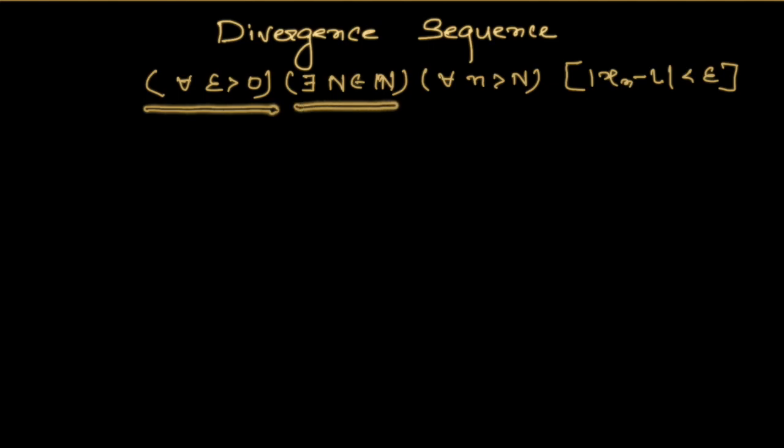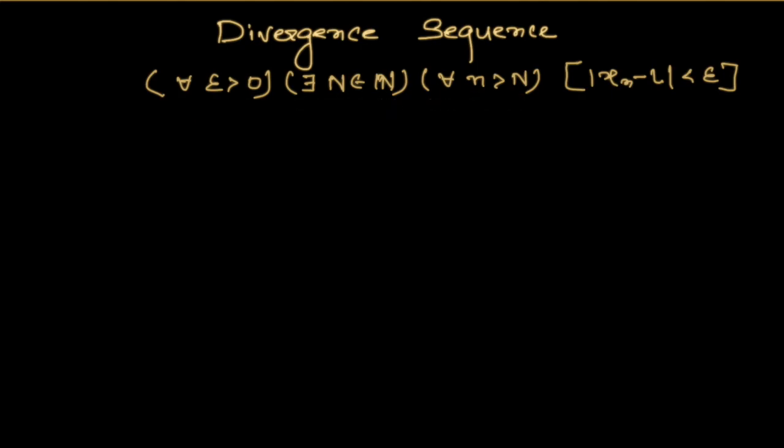This statement tells from where this capital N comes and where this small n comes from. Basically, they determine the domain of the variables used, that is epsilon, capital N and small n. So these are not going to change when we negate a statement.